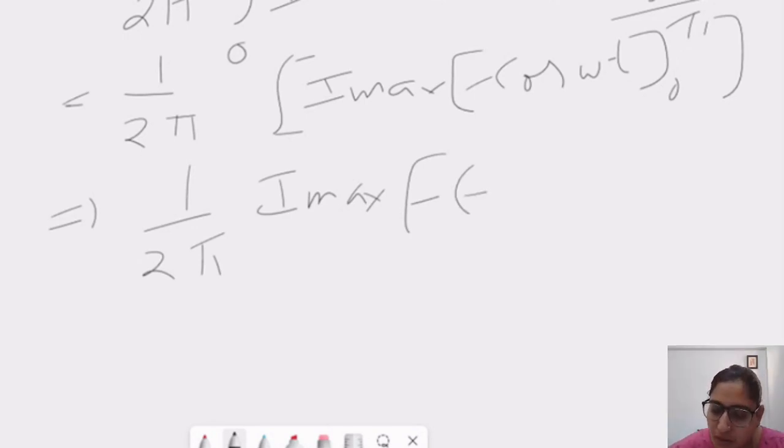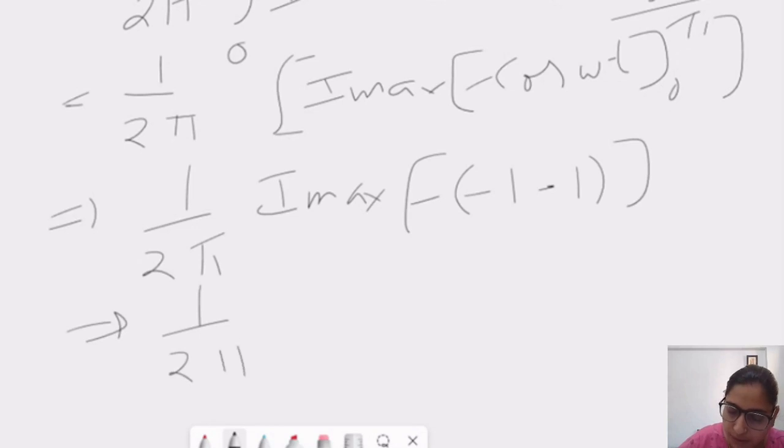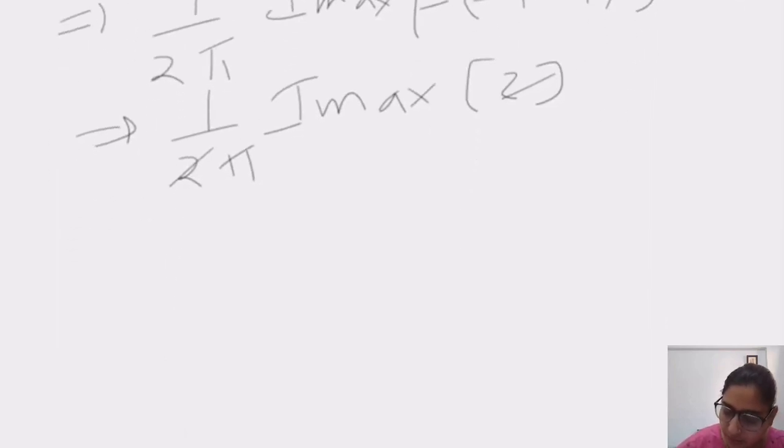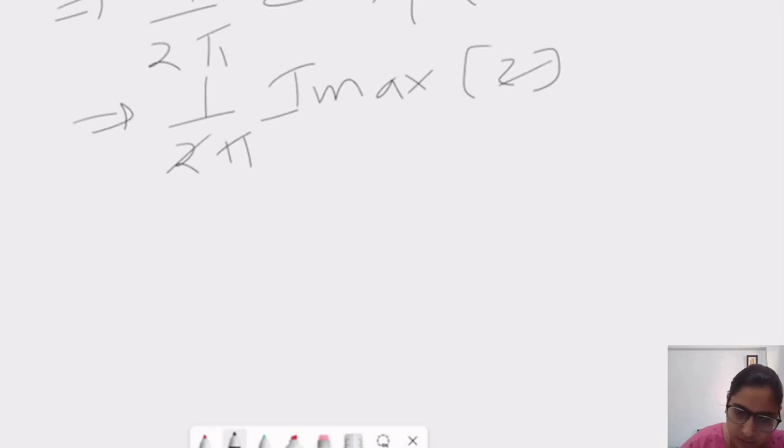Cos pi is minus 1, minus cos 0 is 1. So if we remove the negative sign, we get 1 upon 2 pi I max times 1 plus 1, which is 2. The 2 cancels out, and we have IDC equal to I max upon pi.